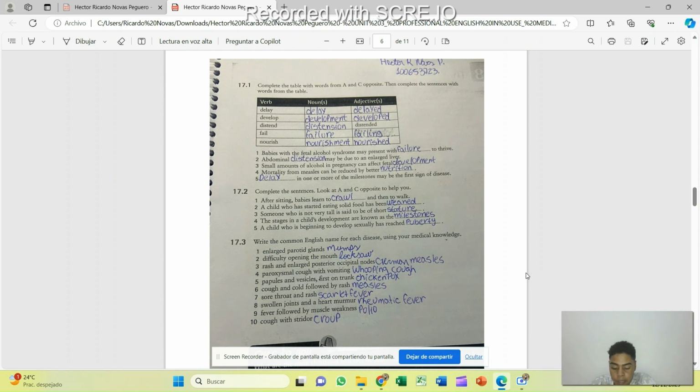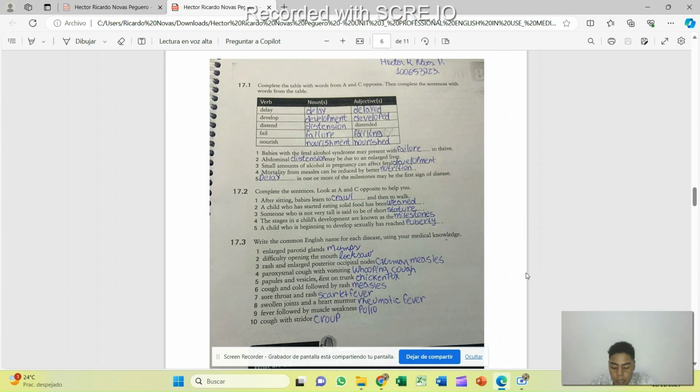One, babies with fetal alcohol syndrome may present with failure to thrive. Two, abdominal distension may be due to an enlarged liver.